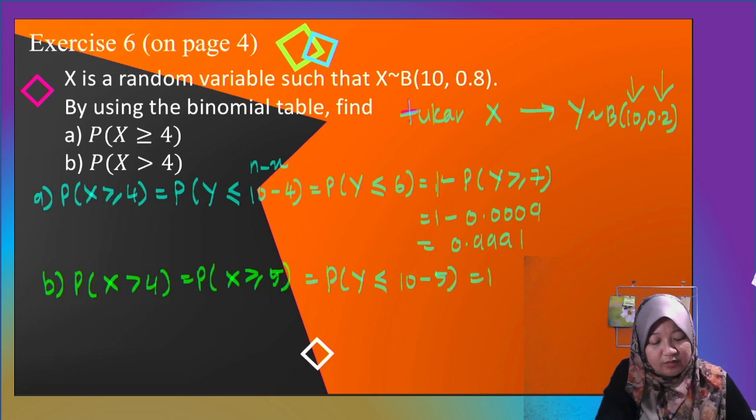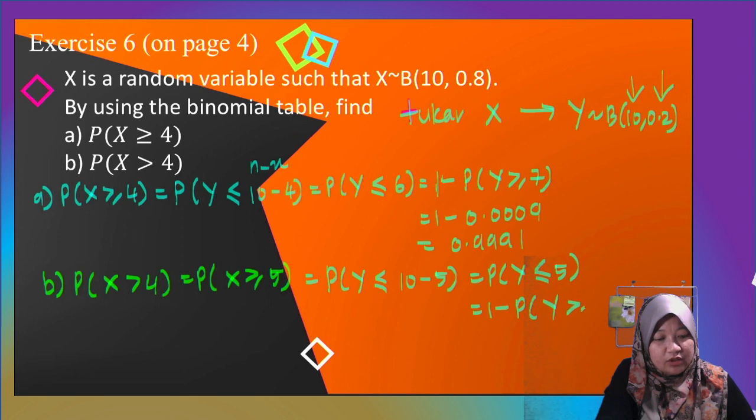So, dia adalah probability Y less than or equal to 5. So, dia adalah 1 minus probability Y greater than or equal to 6. So, cari dalam table, 1 minus 0.0064. So, we have 0.9936.